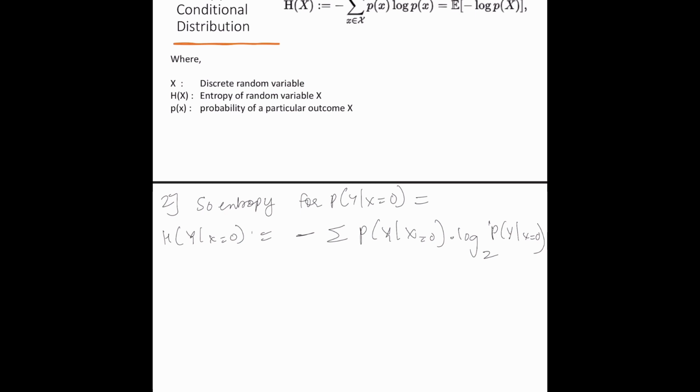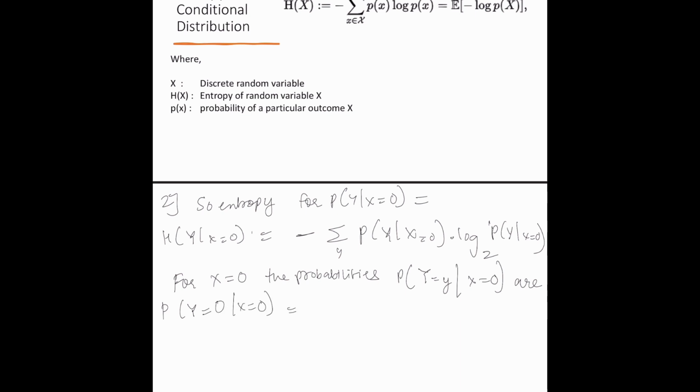This will be over y. So for x is equal to 0, the probabilities of y given x is equal to 0 are as follows. First we need to know what is p of y is equal to 0 given x is equal to 0.